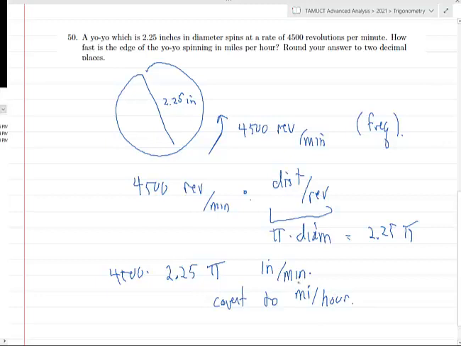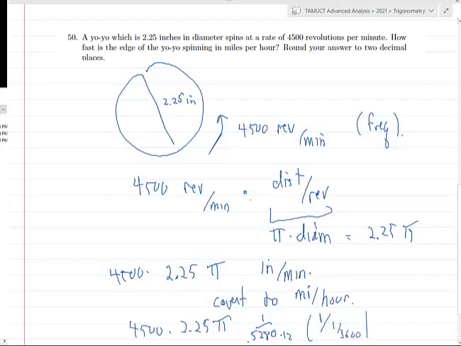So you should be able to do that, right? Or we can just do that whole thing out. 4,500 times 2.25 times pi. Right, 1 inch is what? It's 1 over 5,280 times 12, right? That's how many inches in a mile. So 1 inch is this much of a mile, and 1 minute is going to be 1 over 60 of an hour.